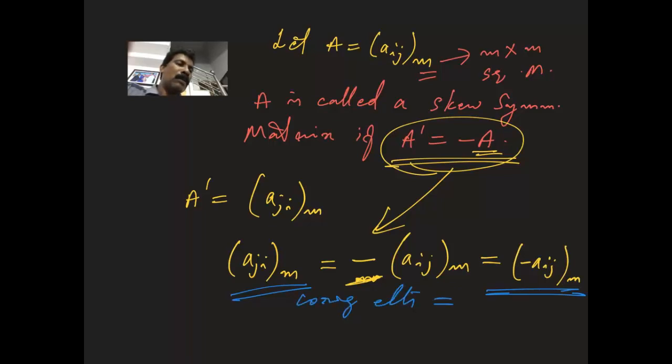So using that we can write Aji is equal to minus Aij for all i, j. Then we can say that A is a skew symmetric matrix. So simply speaking, a square matrix capital A equal to Aij is called a skew symmetric matrix if Aji is equal to negative Aij for all i, j.